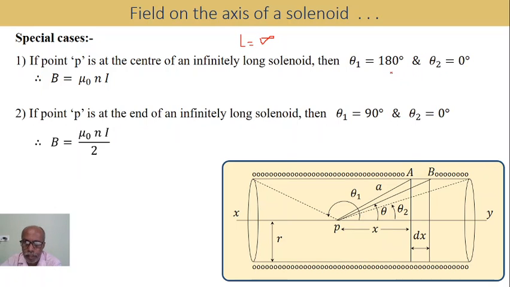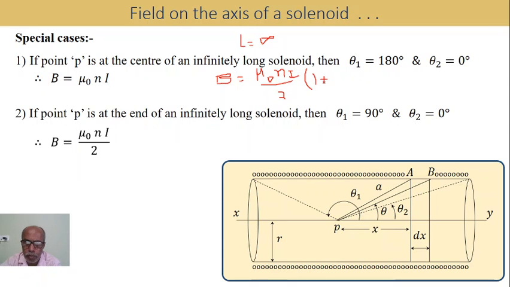cos 180, and therefore it will be mu naught N I by 2L. The expression is B equals mu naught N I by 2L into cos theta 2, that is cos 0, which is 1, minus cos theta 1, that is cos 180, which is minus 1.